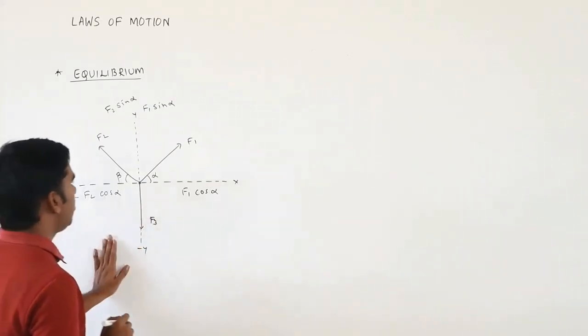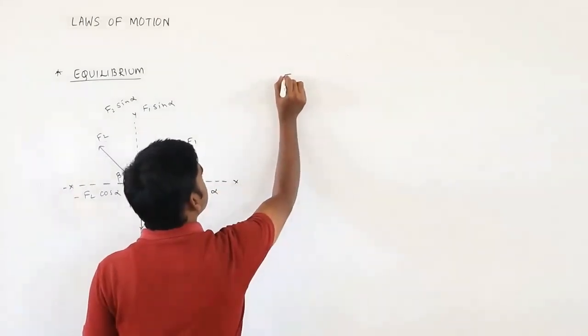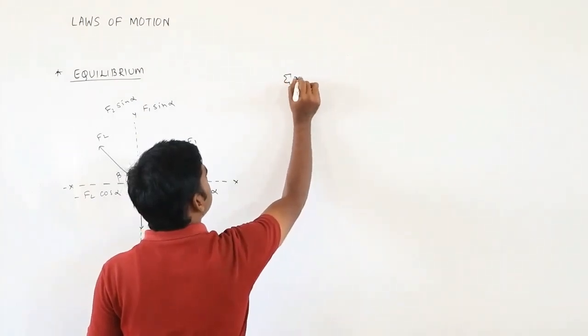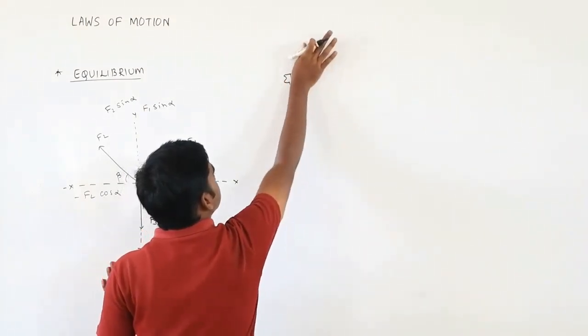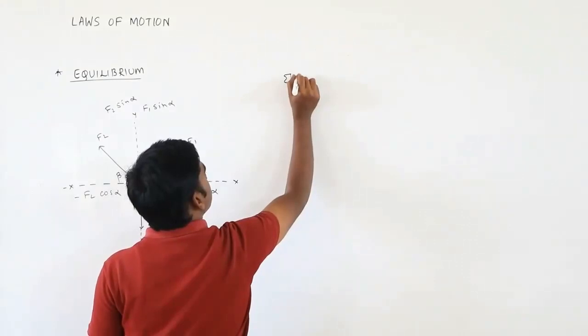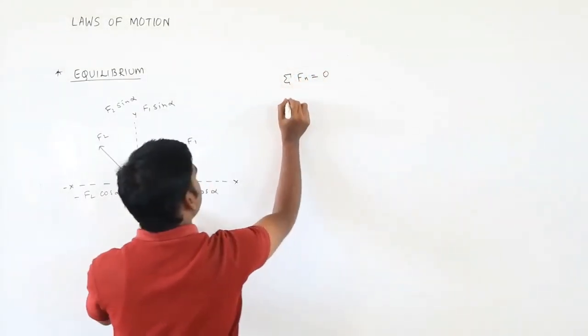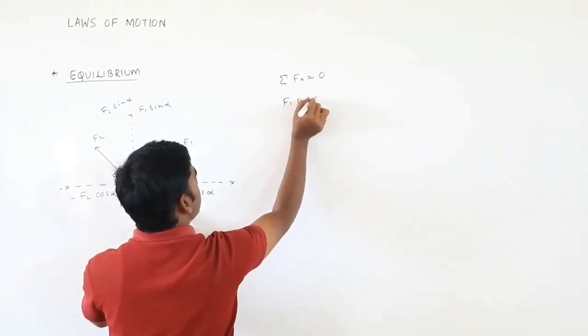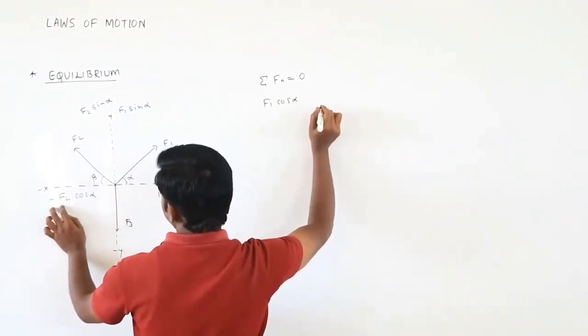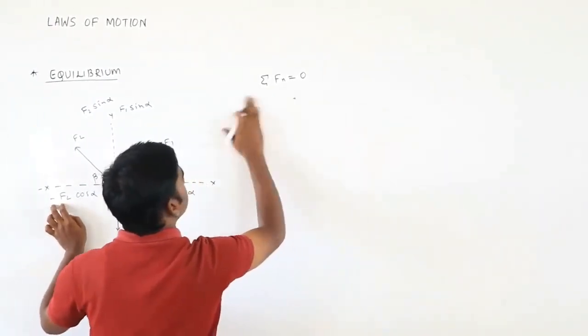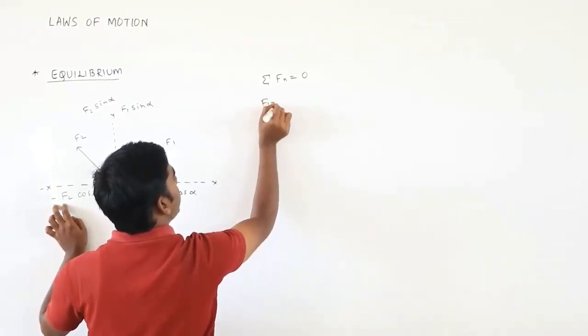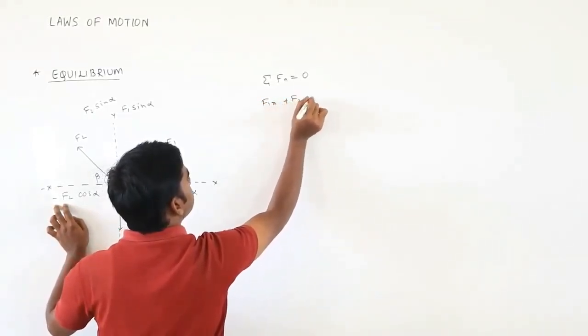So now the sum of x components to be 0. That is, sum of Fx to be 0. Fx is 0 means what we have to write? I can write F1x plus F2x is equal to 0.